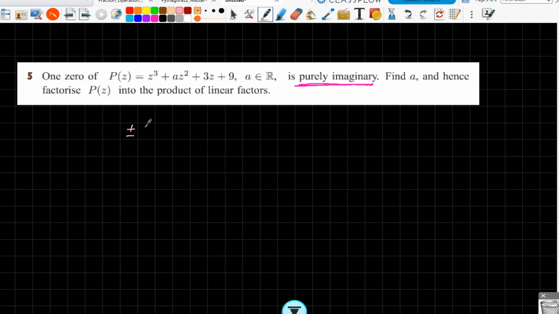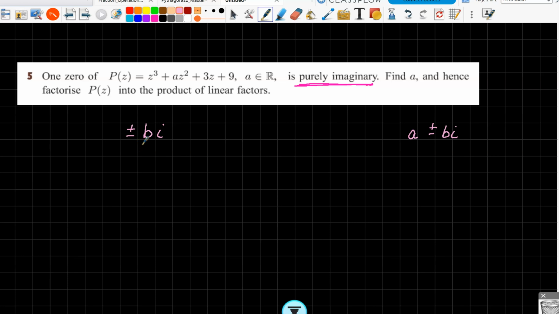Very good. I was going to say ai, but yes, you're better off saying bi. Correct. Why b? Because most numbers are written as a plus or minus bi. That's how we write a complex number. So technically it's plus or minus bi.